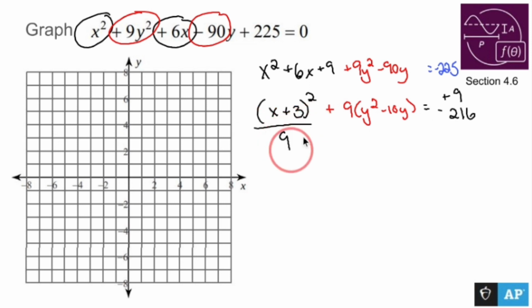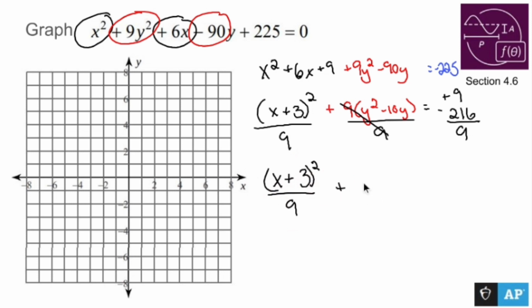So divide everything by 9 makes you go away. I have (x plus 3) squared over 9 plus y squared minus 10y equals negative 24.